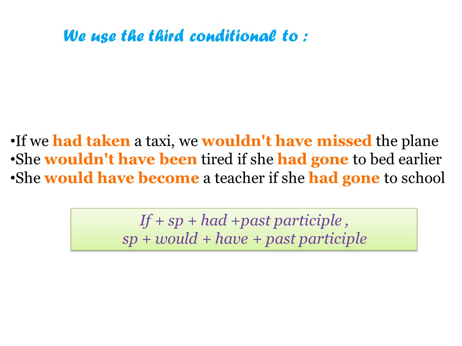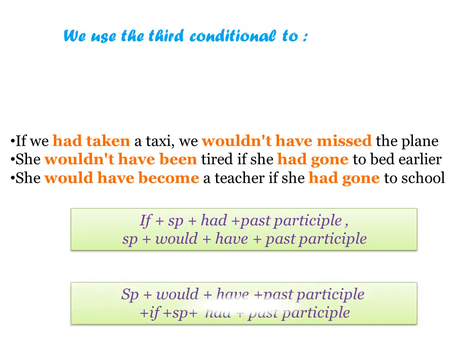If you want to start with the main clause, we use subject pronoun plus would plus have plus past participle, without comma, plus if plus subject pronoun plus had plus past participle. It's easy if you say: if I had, I would have. In this way, you're going to remember the third conditional.